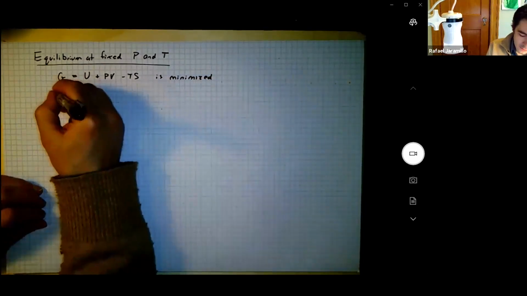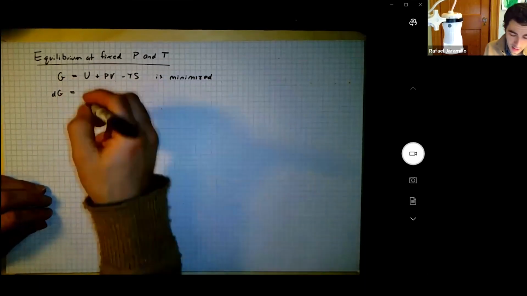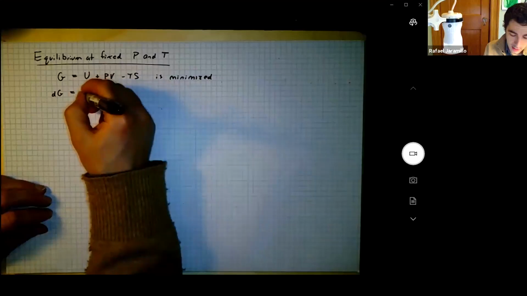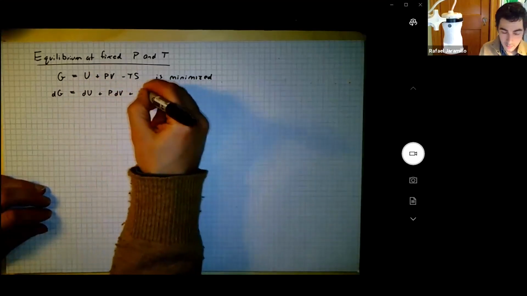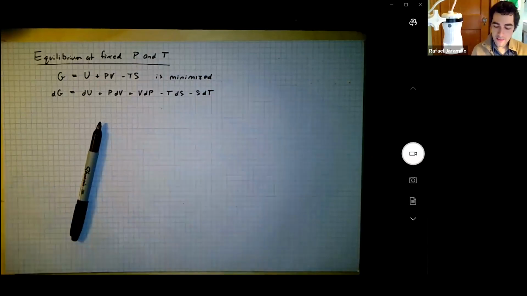Let's play with a differential form, dG. So I'm going to use the chain rule. dG equals dU plus P dV plus V dP minus T dS minus S dT. And that was just the chain rule.